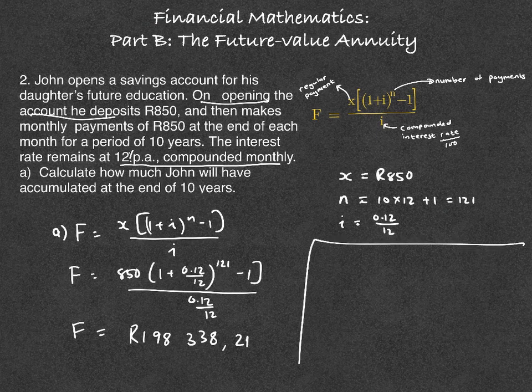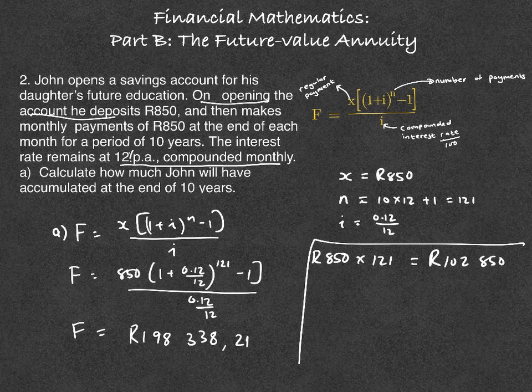Let's go for it. He made 121 payments of 850. What is 850 times 121? It's 102,850 Rand.